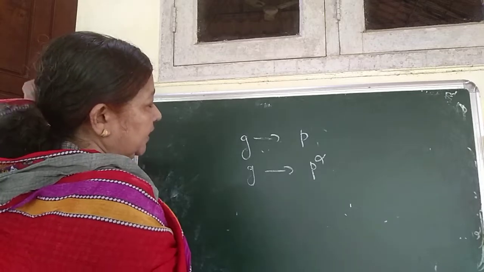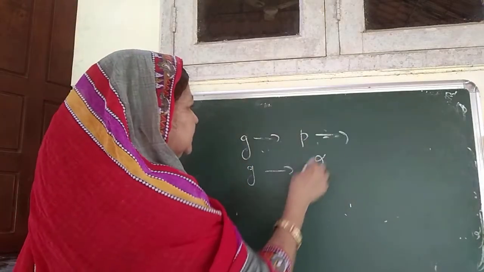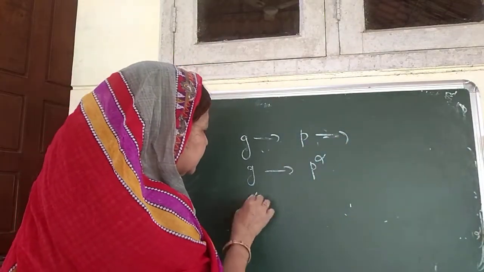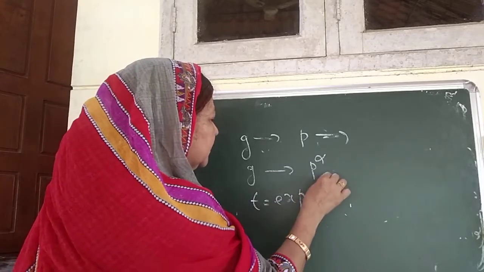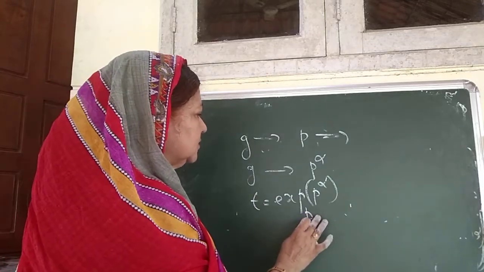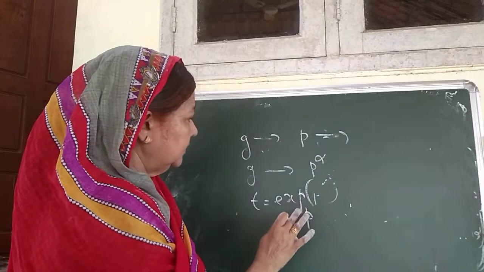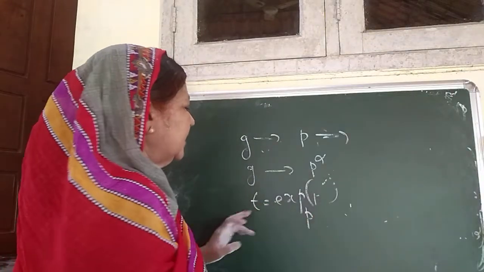For that, if we assume that g is the primitive root, let t be the exponent of g modulo p raised to alpha.